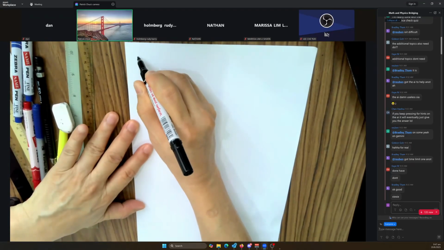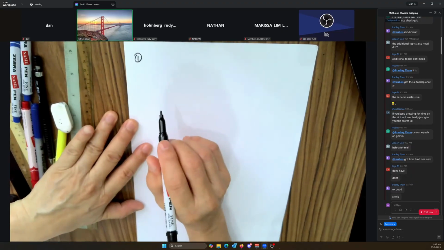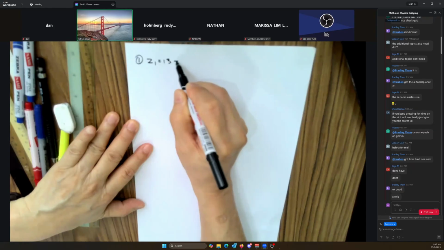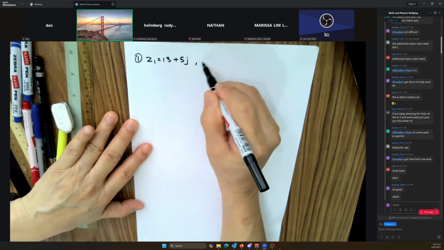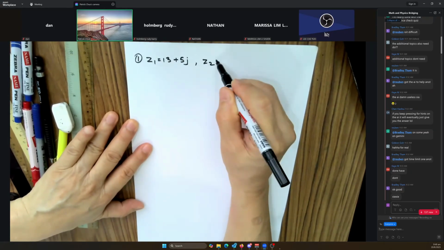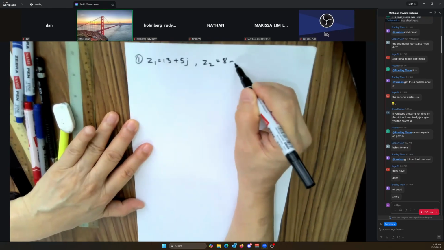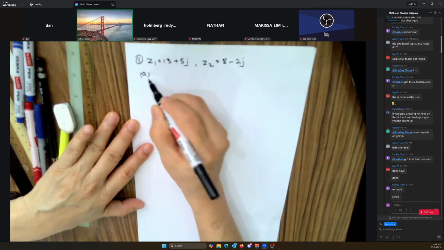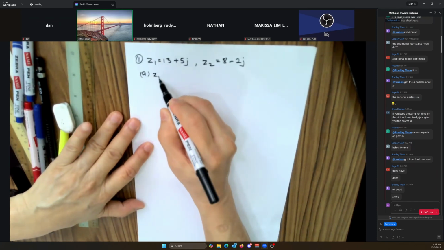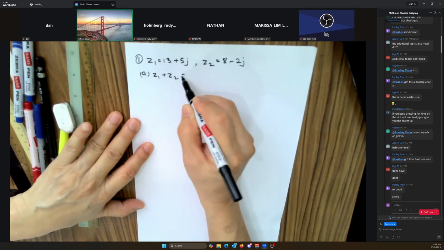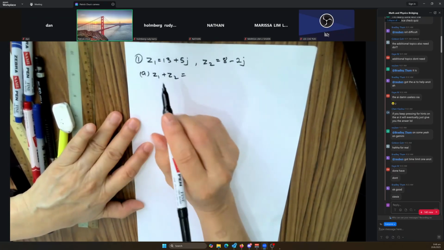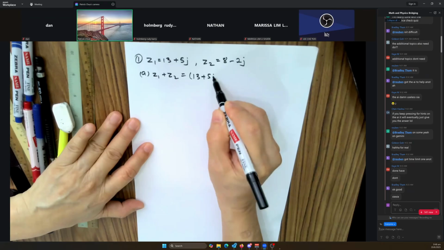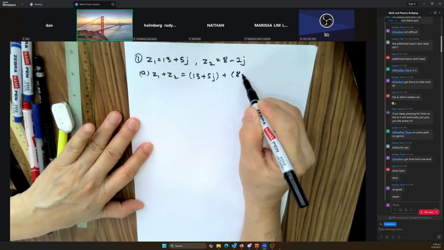First one: Z1 is equal to 13 plus 5J. Z2, which is a complex number, is equal to 8 minus 2J. So part A is Z1 plus Z2. What is Z1? 13 plus 5J. What is Z2? 8 minus 2J.